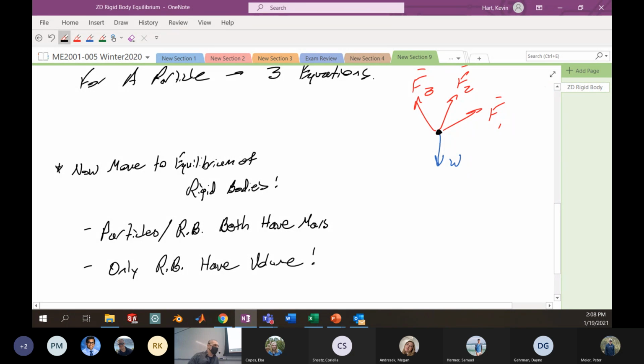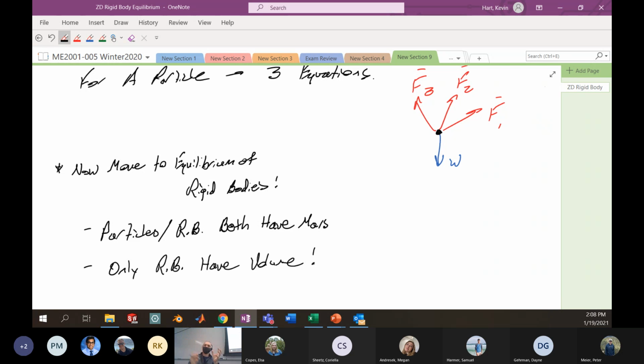Okay, now why is this important? Well, when we had a particle in space, there was only really one location on that particle that forces could act. It only has one point in space that it occupies. But when we're talking about rigid bodies now, we have these objects that have volume. And if you have a volume, there are many points on that volume where your forces can act.